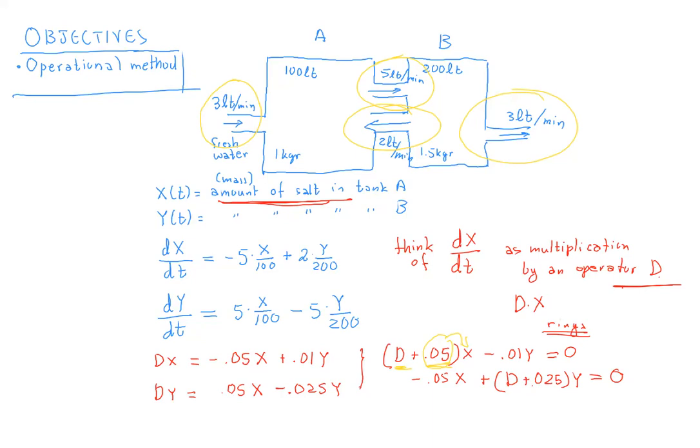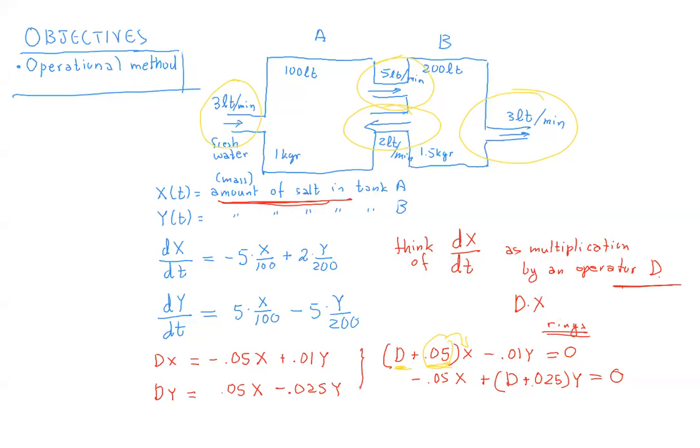Here's what I want you to understand: at the end of the day, we're going to pretty much think of those objects in front of X and Y as numbers. Now, are they really numbers? No, they're not.